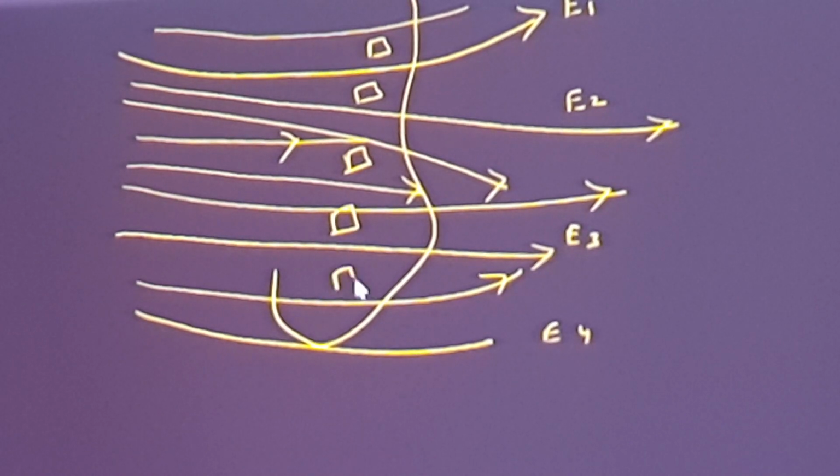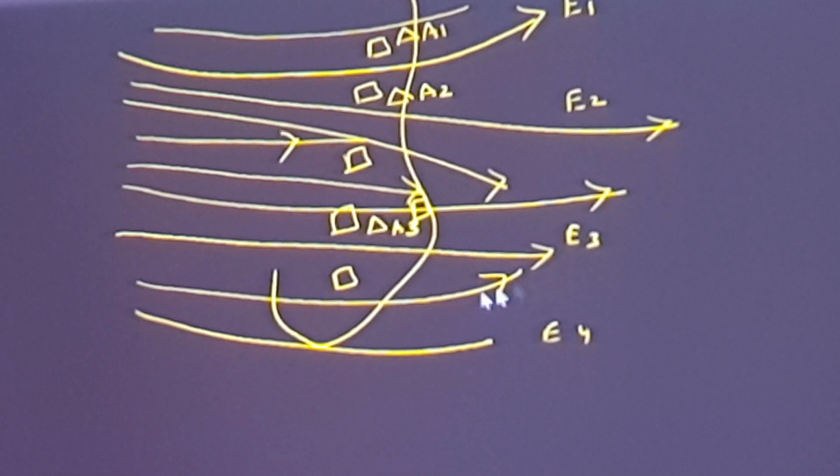If I am considering small areas like this, this area I am taking as delta A1 available in the electrical field E1, and I am considering this small area as delta A2 available in the electrical field E2. Similarly, this is delta A3 available in E3, delta A4 available in E4, etc.